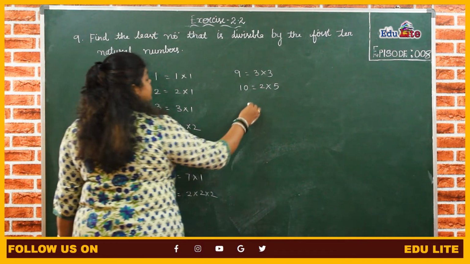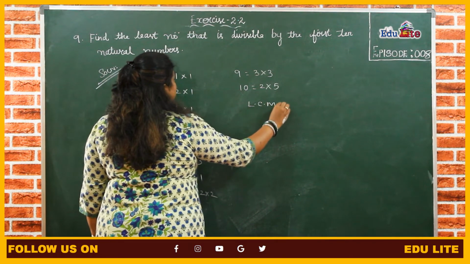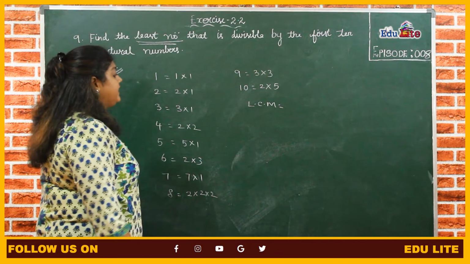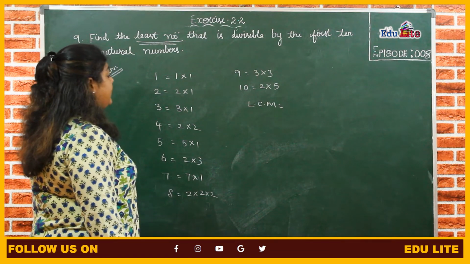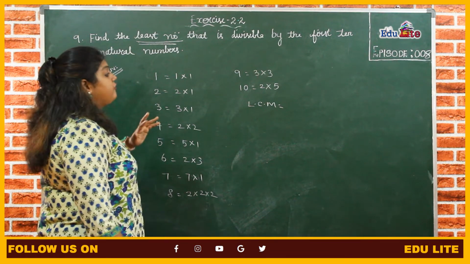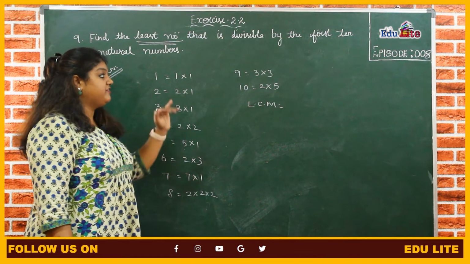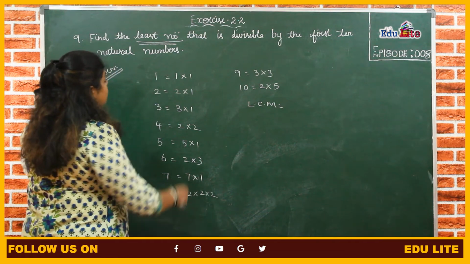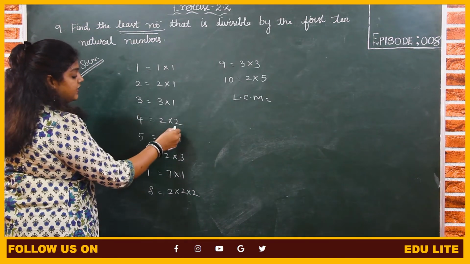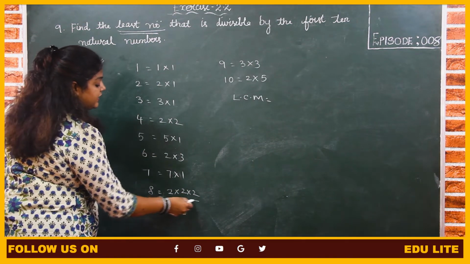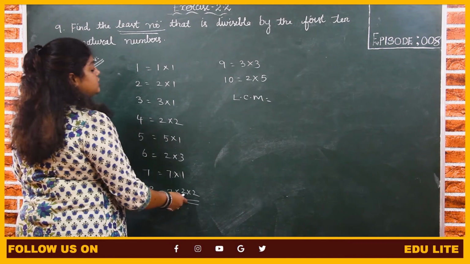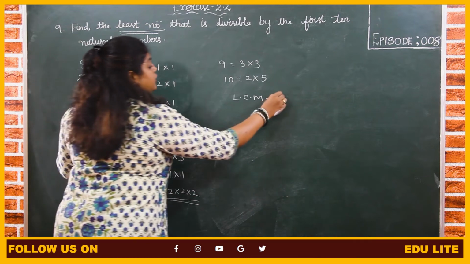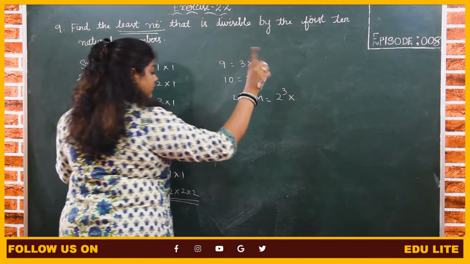Now finding the LCM of these numbers is nothing but finding the least number divisible by the first 10 natural numbers. For LCM we have to write all the factors with their greatest exponents. Among these, 2 appears 1 time here, 2 times here, and 3 times here. So the highest power of 2 is 2 cube, and I have to consider only that.